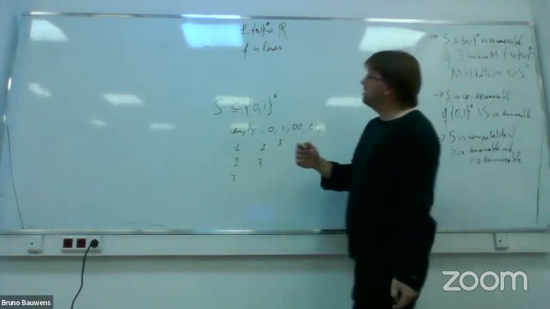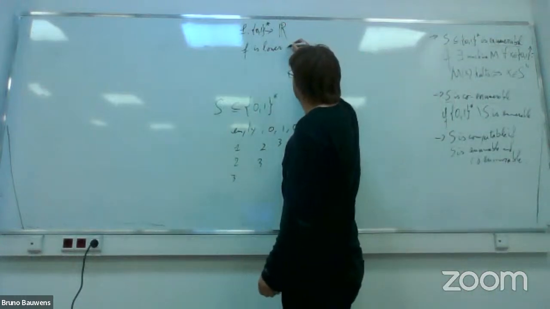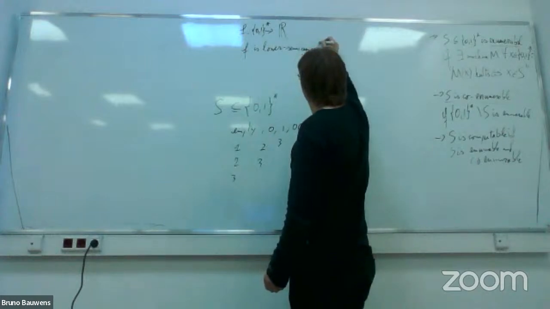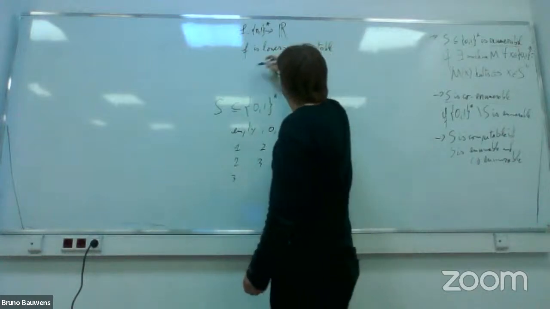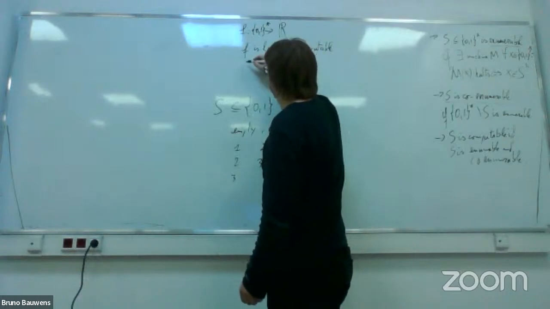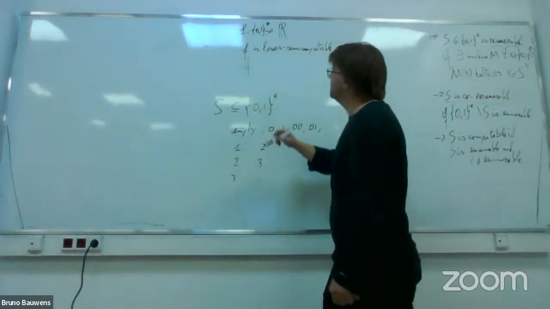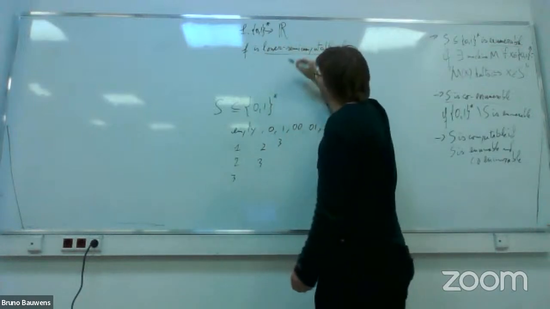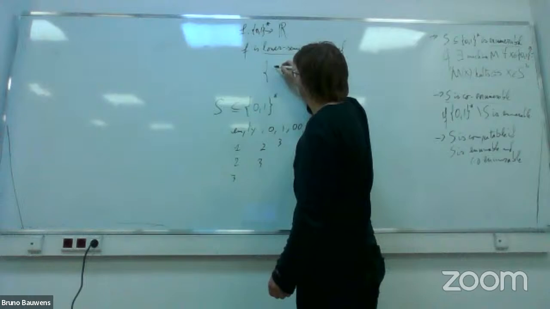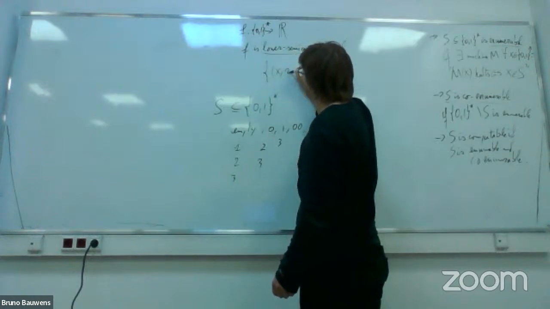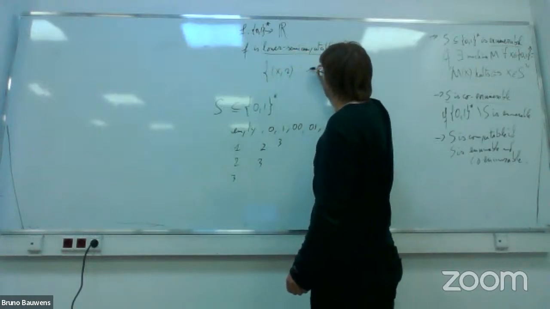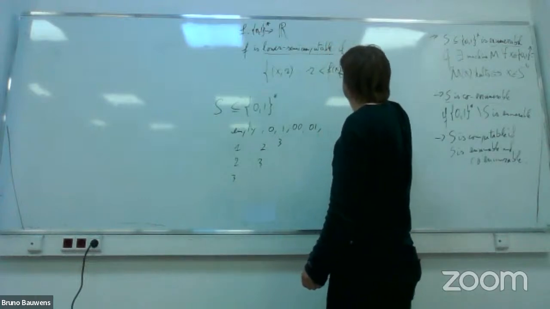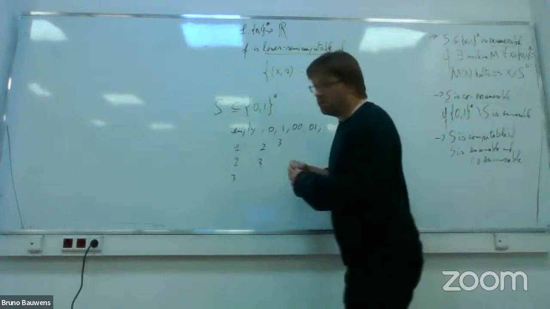I will write the definition. So f is lower semi-computable if the set of pairs (x, r), for which r is smaller than f(x), is enumerable.